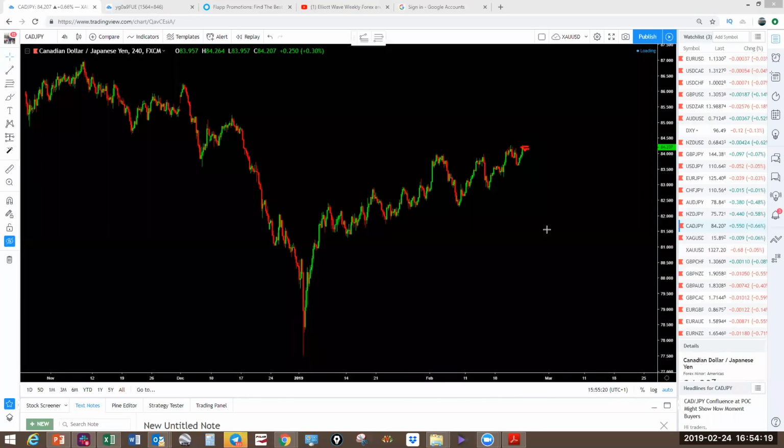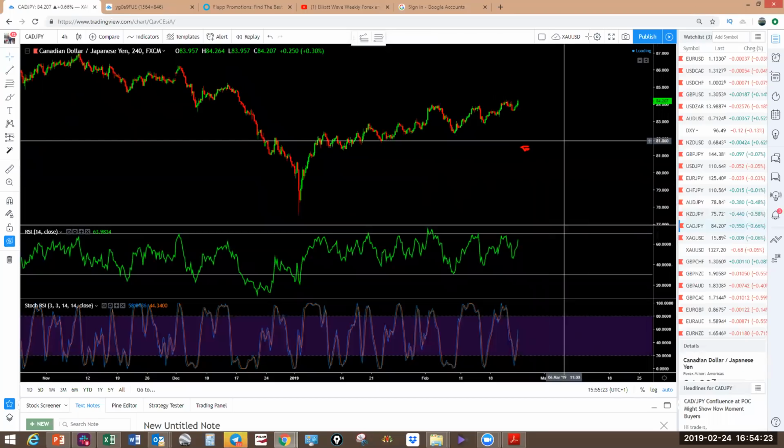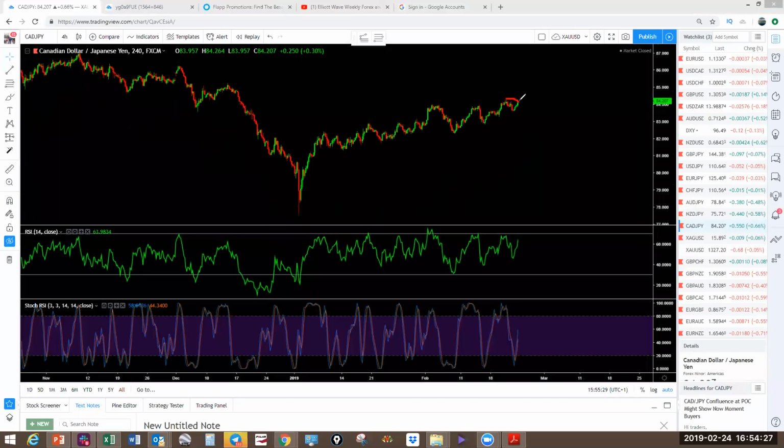Let's see if we've got any kind of divergence as yet. We've got some divergence. This has already broken out of this corrective structure. So that slight push to the upside, I don't expect it to go all the way up, but it's indicating that we're going to have a slight push higher with the rest of the yen pairs. Let's see how this one goes on all the yens.